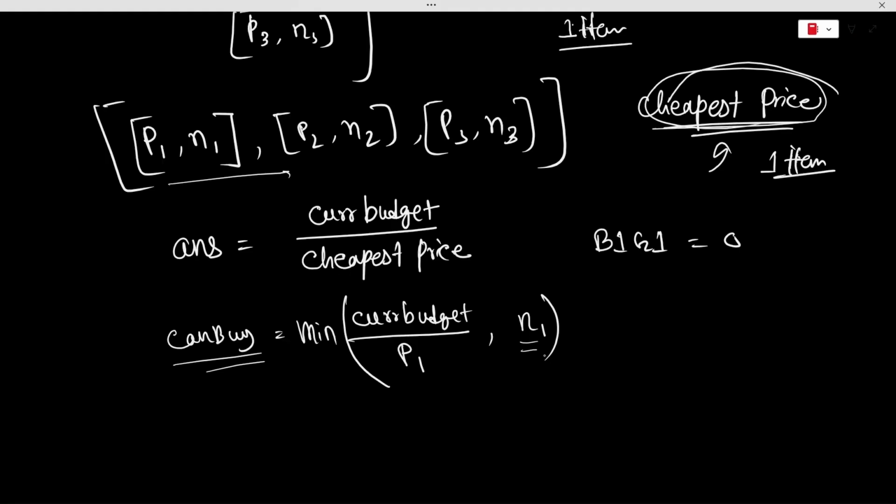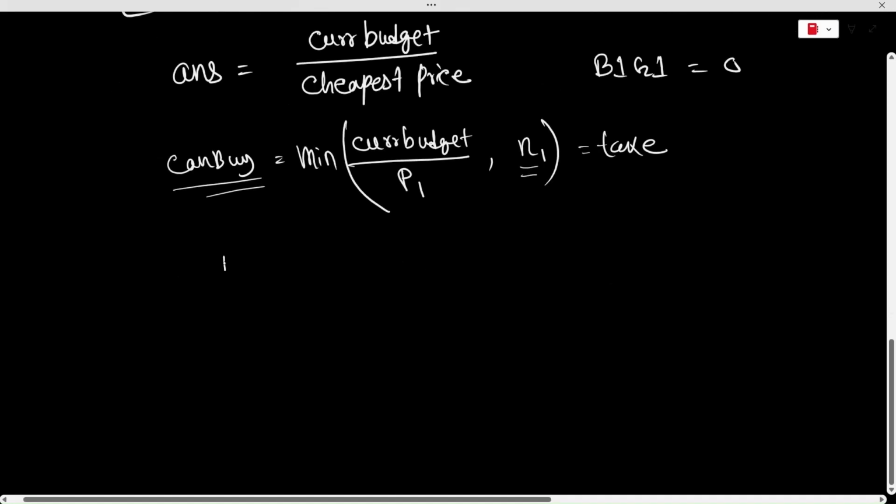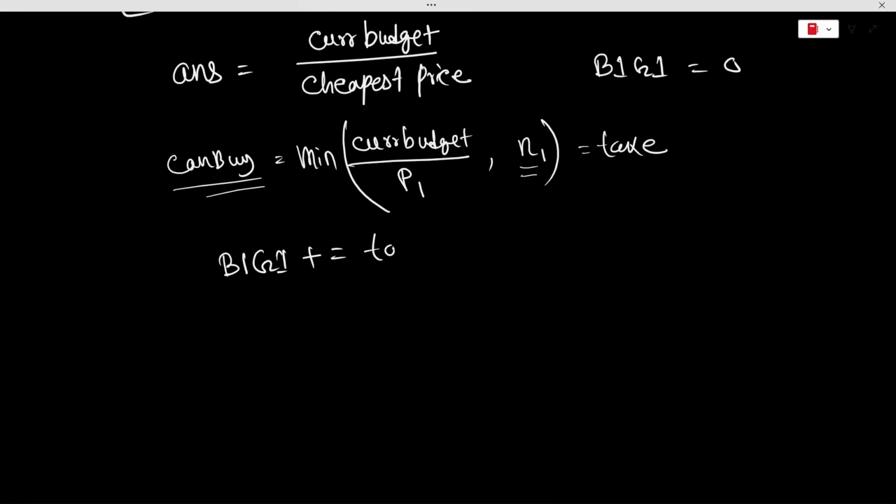Now suppose I am naming it as take. Now if we are taking this, our buy one get one will be updated with our take, and our current budget will be updated by P1 times our take, because this price we are spending.